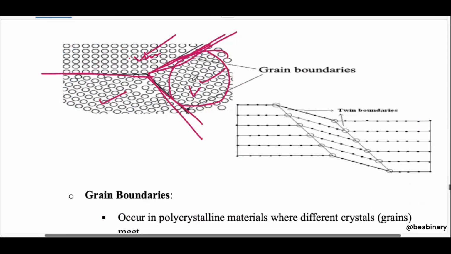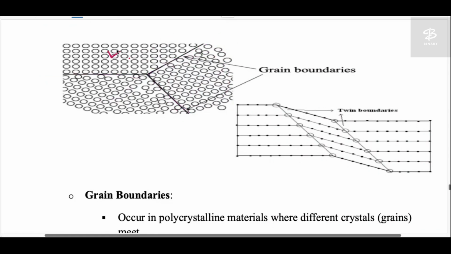In this region, some different grains have grown. In this region, a different grain has grown, and in this there is a different one. The termination means this grain has its boundary here.